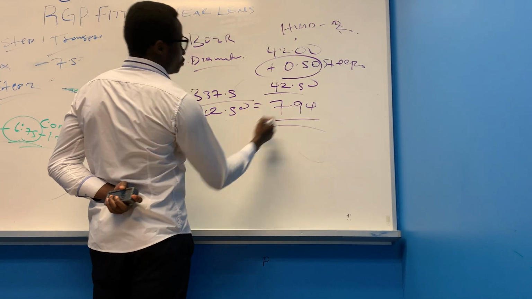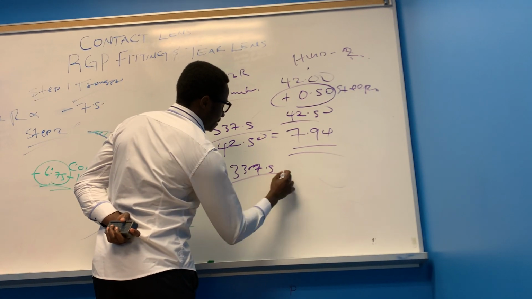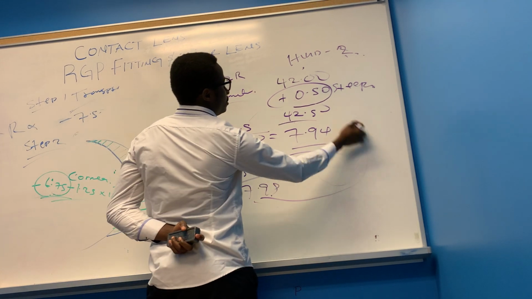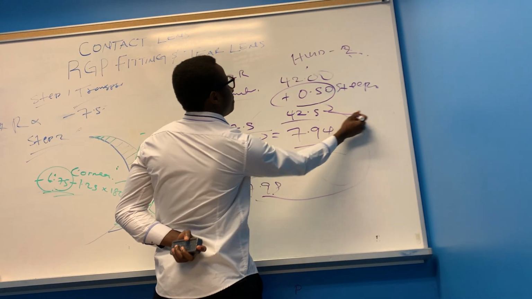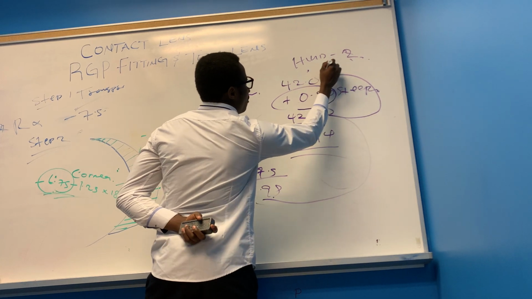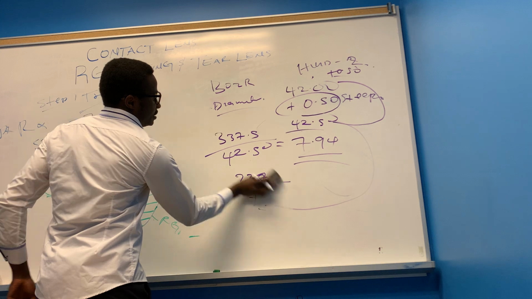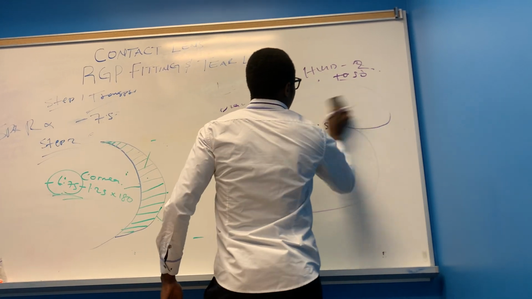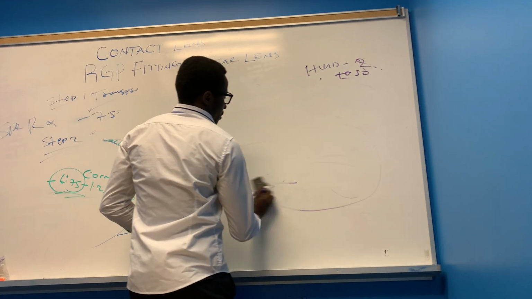If I still do 337.5 divided by 7.94, I will still get back to this. So if I still do this subtracted by this, I will still have TLS of 0.50. Simple and short. So this is RGP lens for you, and all you need to know about RGP.